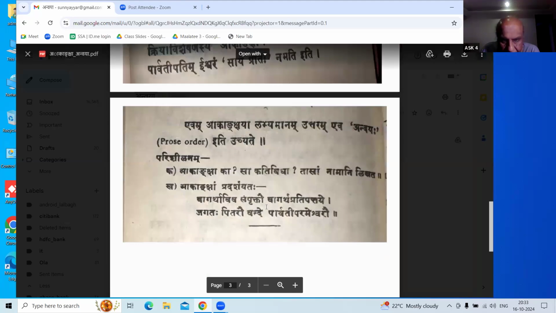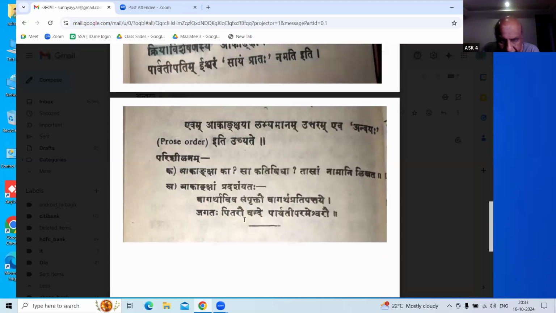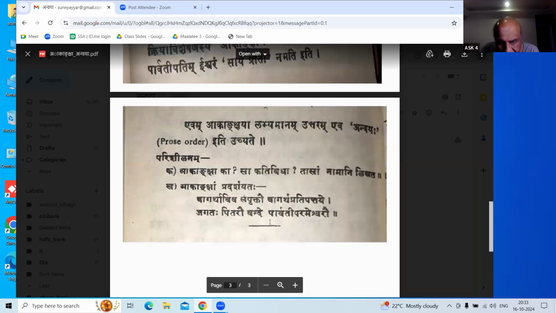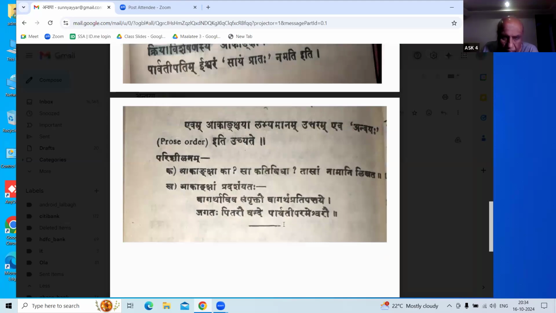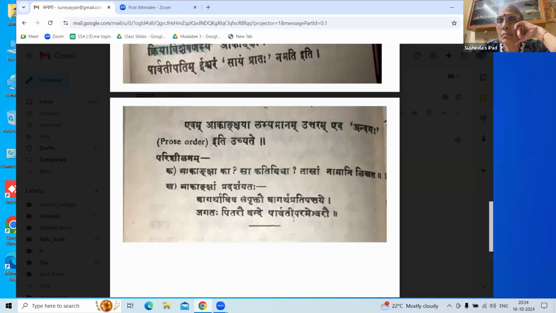See, Vagartha iva sampruktau, Vagartha pratipattaye, Jagatah pitarau vande, Parvati parameshwarau. So, vande is the verb. So, kau vande is Parvati parameshwarau. That means Parvati and Parameshwara because it's a dual. So, we have to use kau.